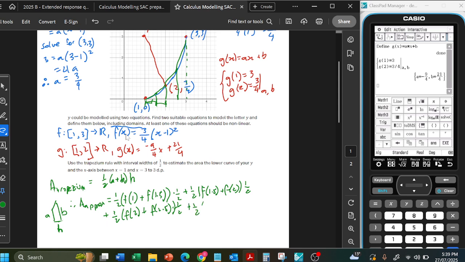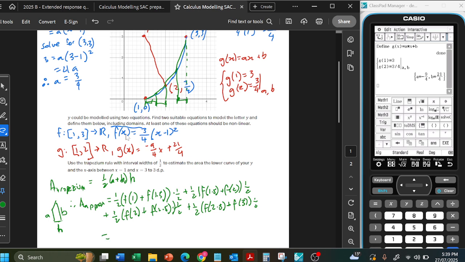And then the last one, we have this final trapezium from x equals 2.5 up to x equals 3. So our first height, or I guess the value of a in this little diagram over here, is 2.5, and then the second one is 3. And then we times by a half.